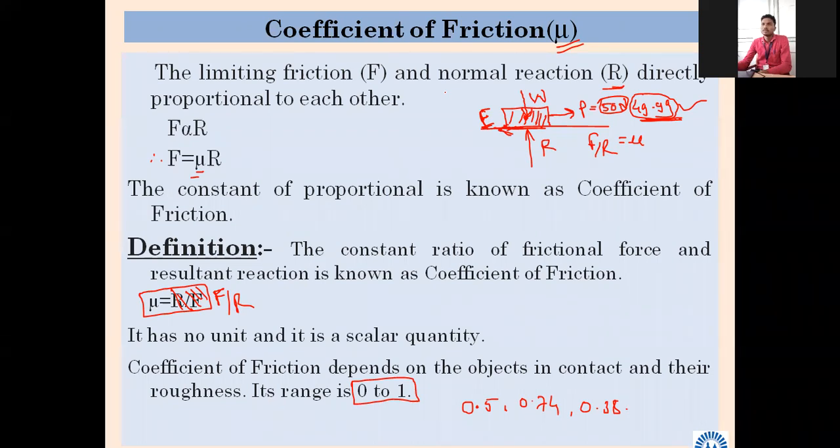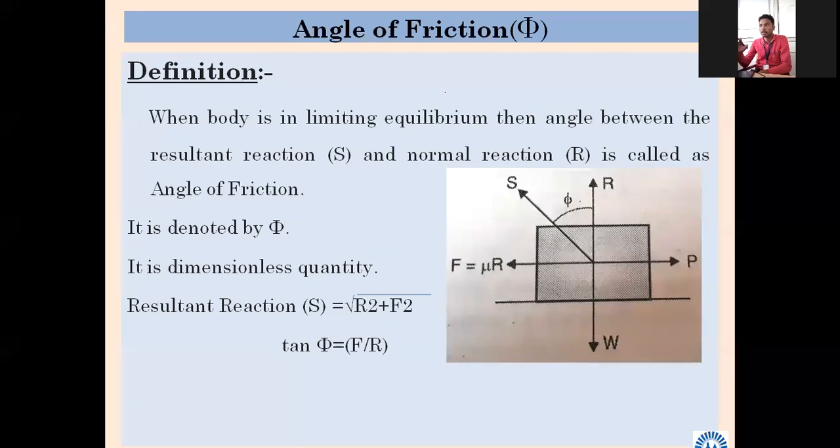Coefficient of friction. Next, there will be many such symbols. The next one is the angle of friction. What is that symbol? Phi. Angle of friction is phi. Let us see now what that is.